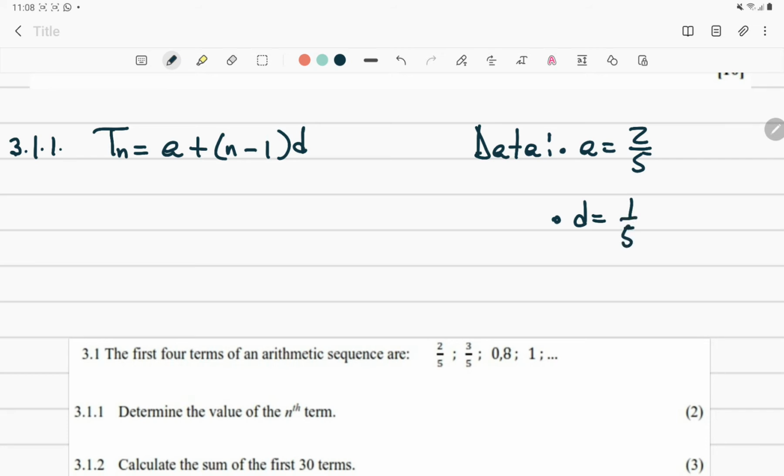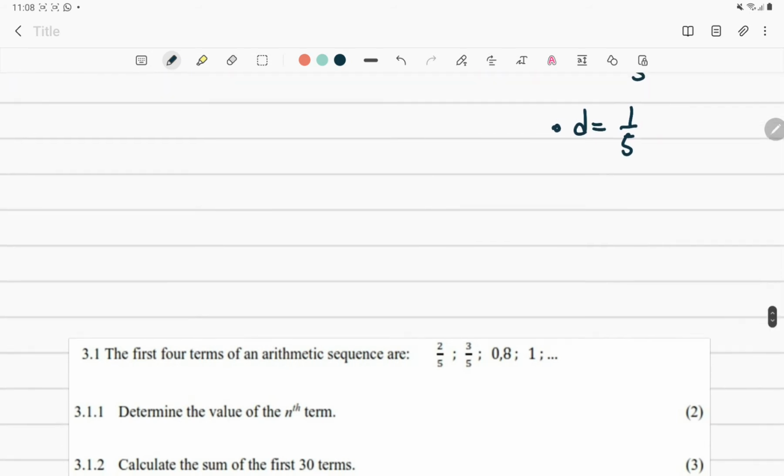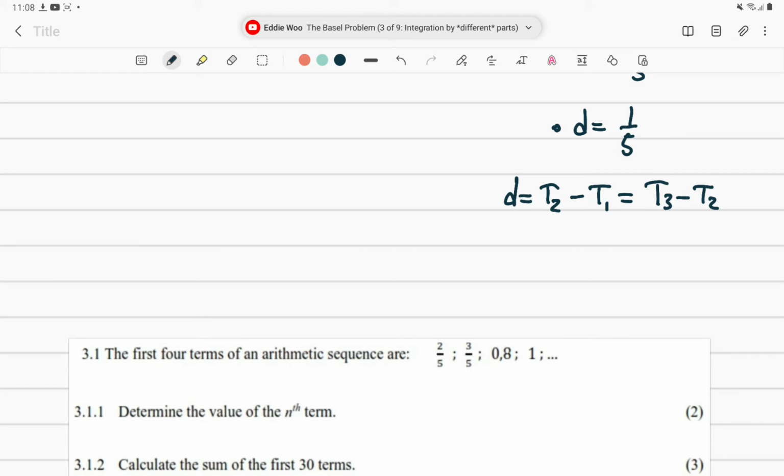Remember the formula to calculate d: it's always given by d equals T2 minus T1, which equals T3 minus T2. So you need to remember this formula. T1, as you can see, is 2 over 5. T2 is 3 over 5. So let's continue here.